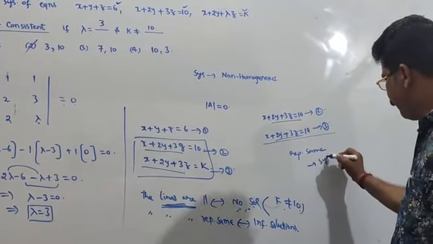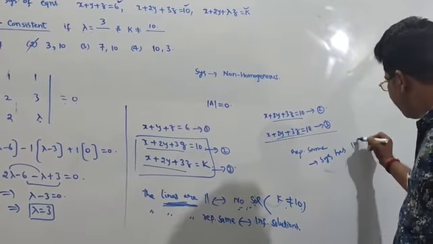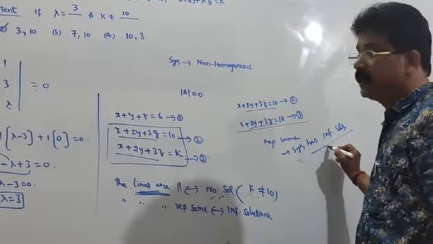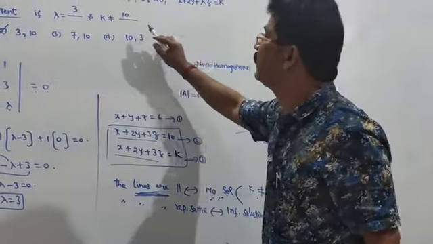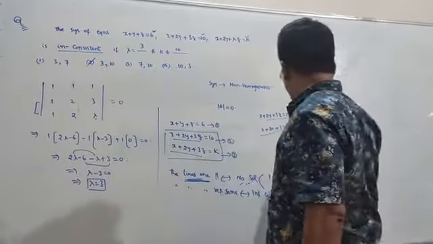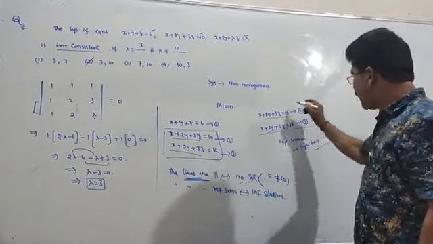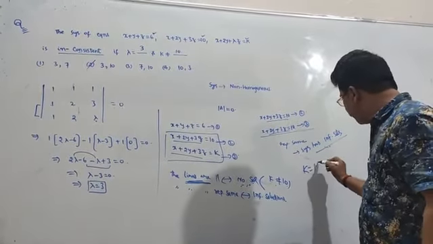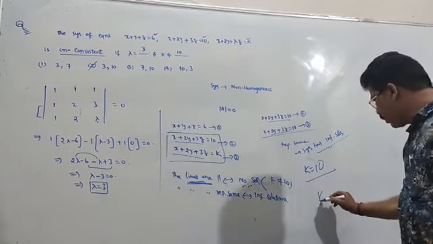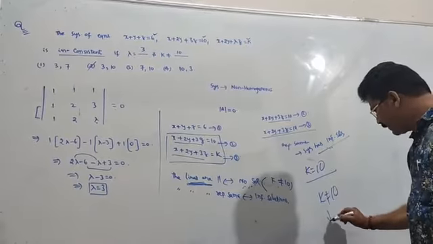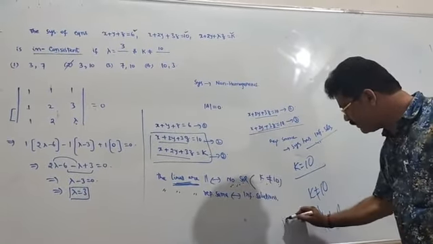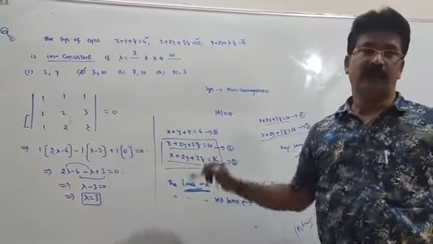Then the system has infinite solutions. But this contradicts the hypothesis that the system has no solution. Therefore, if k equals 10, the system has infinite solutions. If k is not equal to 10, then the system has no solution. No solution means inconsistent. Over.